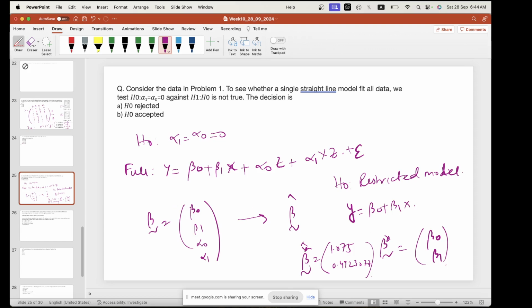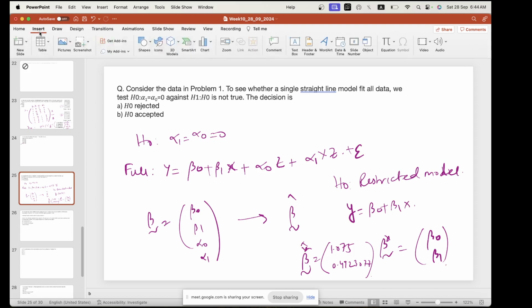Now in order to test this composite hypothesis, what have we learned? What is the usual method?